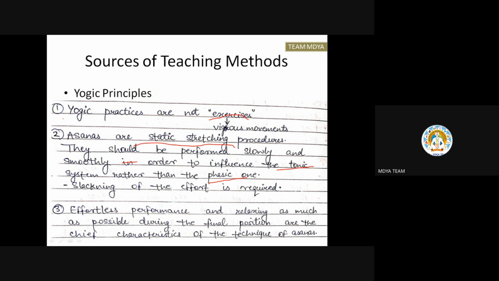Tonic system means that it should be slow, and the phasic system means when we do any dynamic movement, then the phasic muscles are required. But when we hold any posture, then our tonic muscles are required.